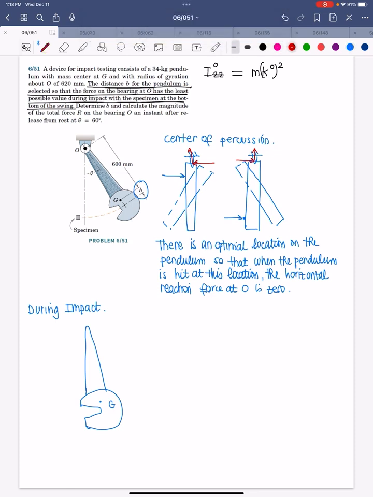Now for the forces, I have a reaction force at O. We said the horizontal component of that is 0 because we're selecting B that way, so the reaction force at O is vertical. I should have drawn it more nicely, but this lies at the same vertical level as G. The weight is like this, and we have a horizontal impact force.